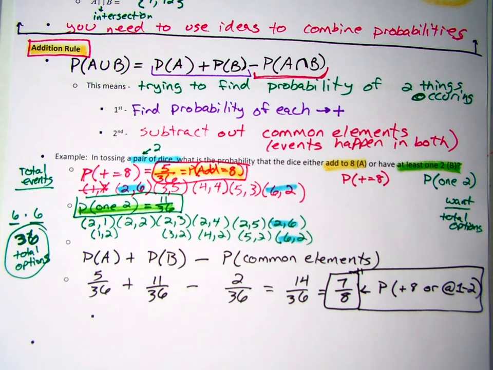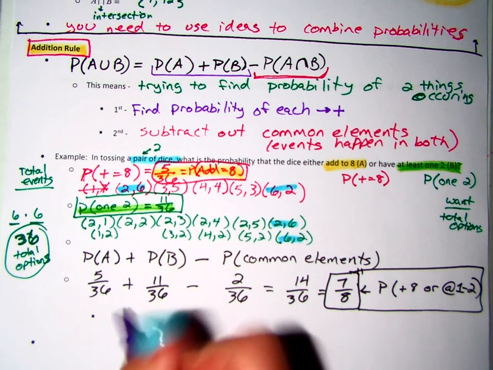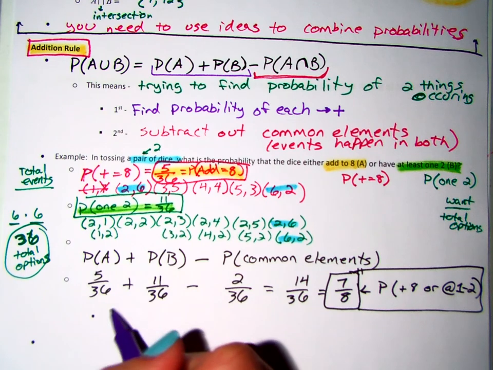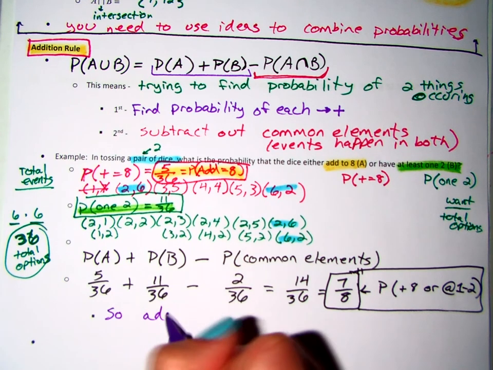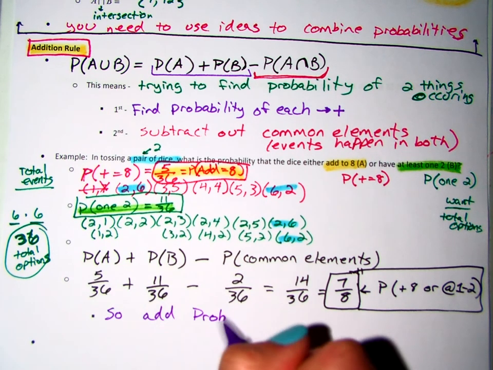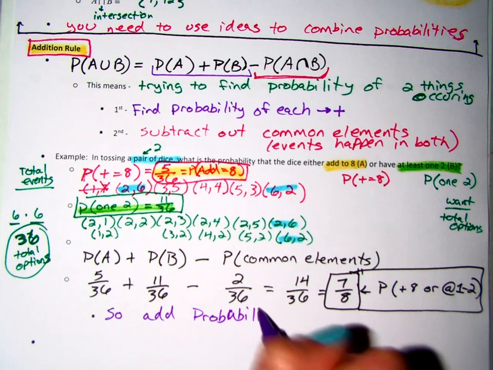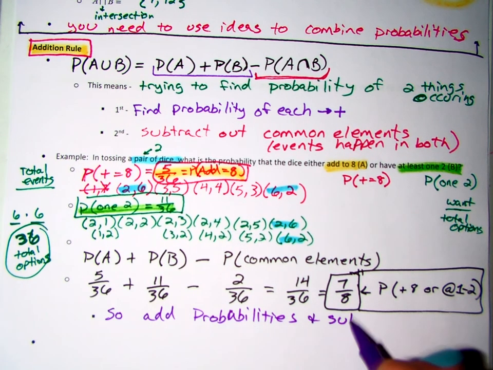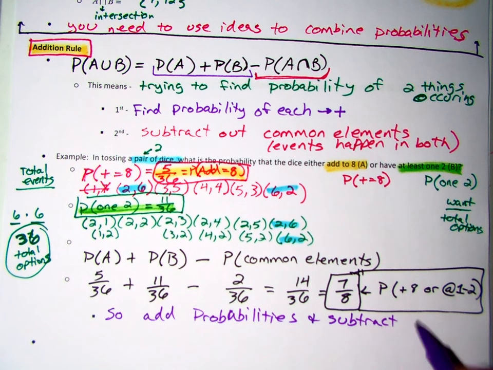This rule is particularly important and useful when you can't write out subsets. This idea of adding them together and subtracting out the common. So just a reminder, add probabilities and subtract common elements.